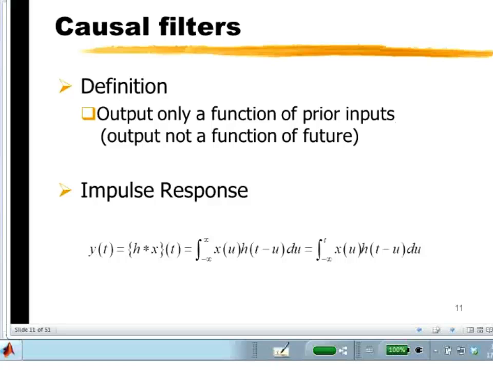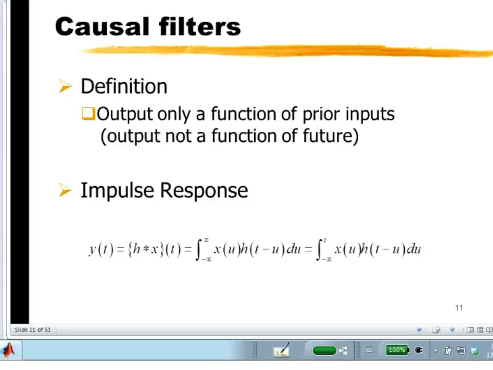If we move on with this brief review of filters, one other concept which is very important is the causality effect. A causal filter is a filter whose output is only a function of prior inputs. That is, the output is not a function of the future. That means we cannot build a system that predicts the future.